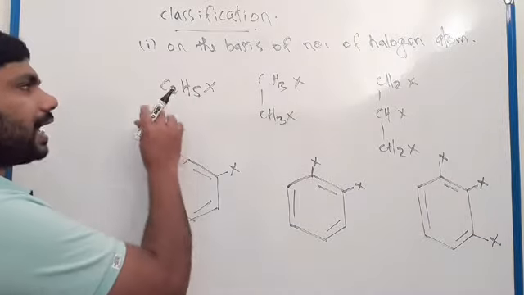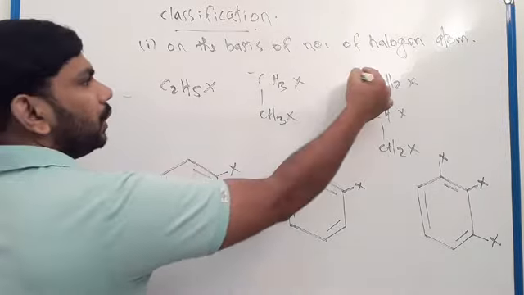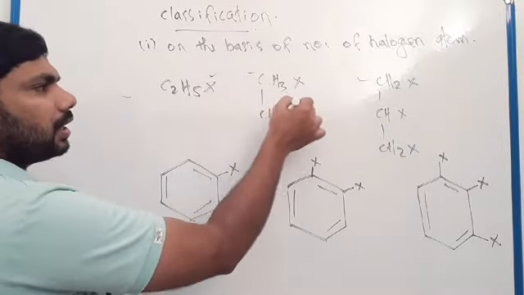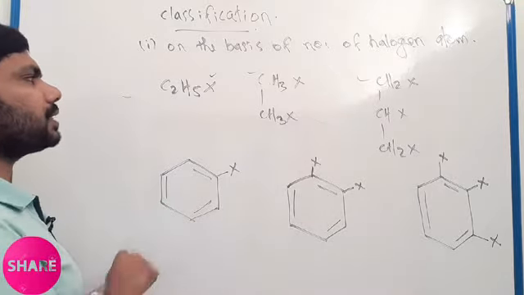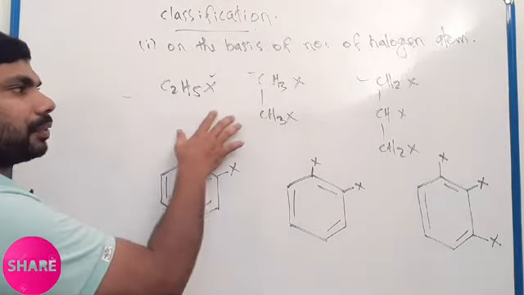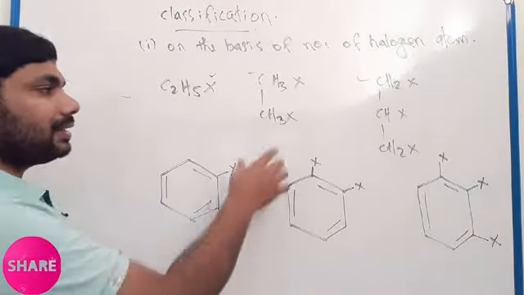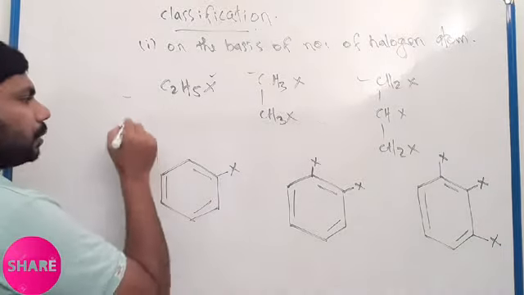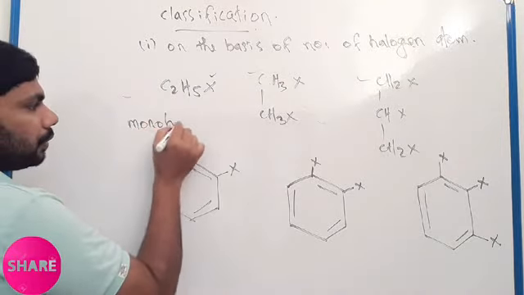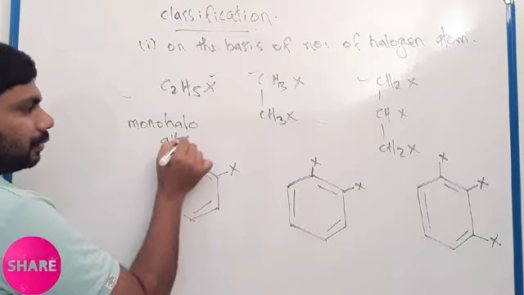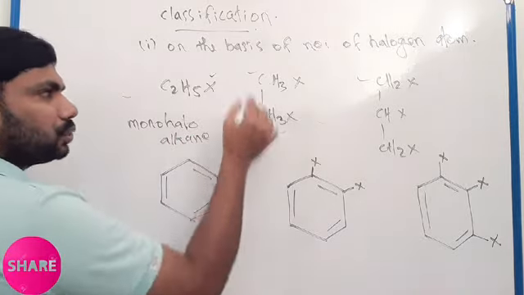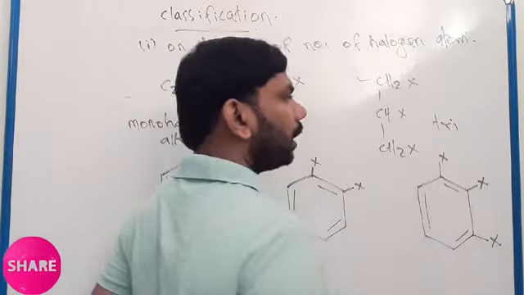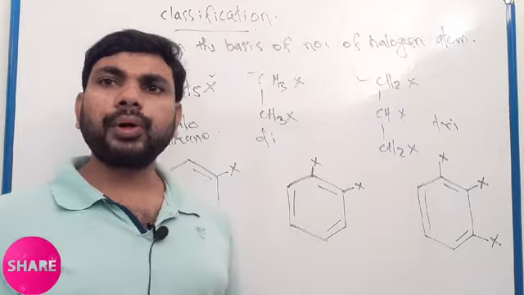Look here, these are all alkanes. Here one halogen, X represents halogen. Here two halogens, here three halogens. So you can say monohaloalkane, dihaloalkane, trihaloalkane. If there are many halogens, polyhaloalkane.